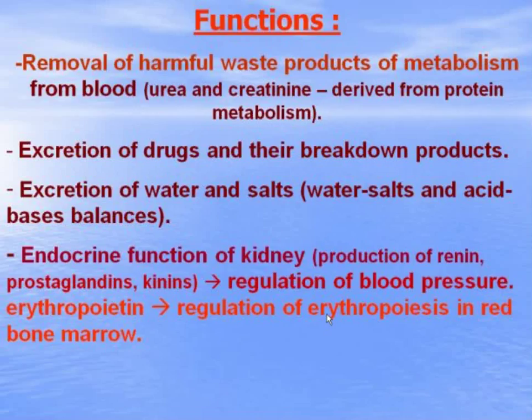So the functions of the urinary system, and the kidney in particular, are the removal of harmful waste products of metabolism from blood, urea and creatinine and some others derived from protein metabolism; excretion of drugs and other breakdown products; and excretion of water and salts, so the kidney regulates water, salt and acid-base balances.